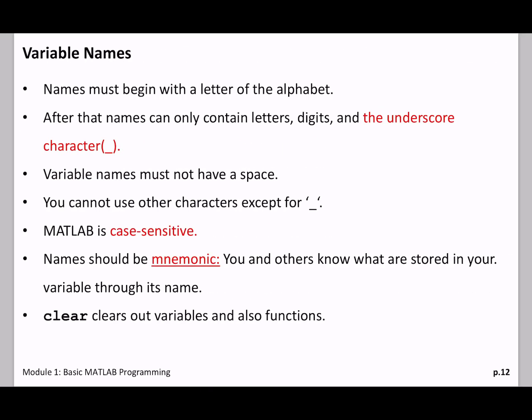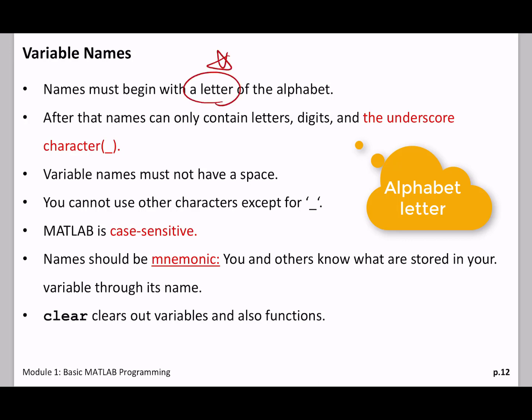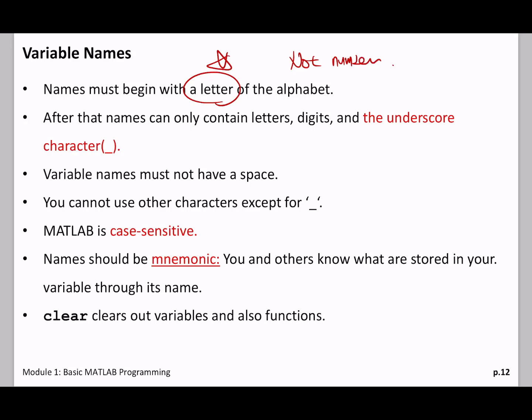Right. Here is the naming convention of variables. All names must begin with a letter, not a number. Okay? They can only contain letters, digits, and the underscore. The underscore is the only symbol that we can use in a variable name.